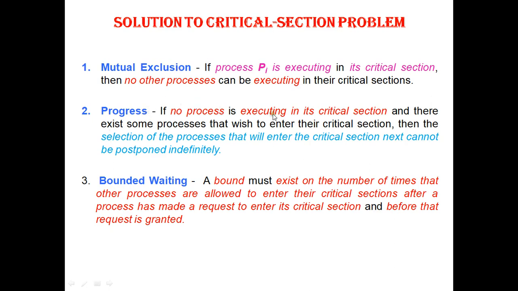Progress. If no process is executing in its critical section, and there exist some processes that wish to enter their critical section, then the selection of the process that will enter the critical section next cannot be postponed indefinitely. Assume that there are three processes, P1, P2, P3, and no process is executing in its critical section. At that time, P3 is willing to enter its critical section.